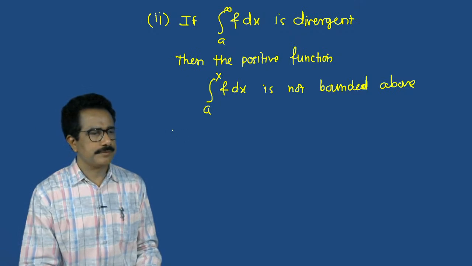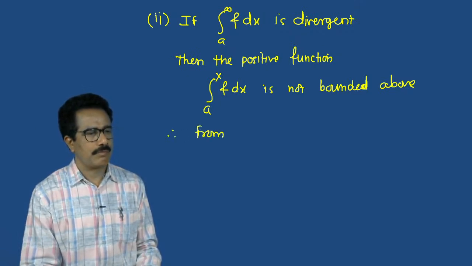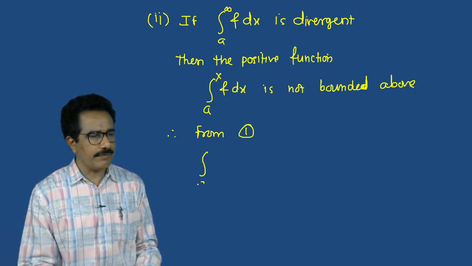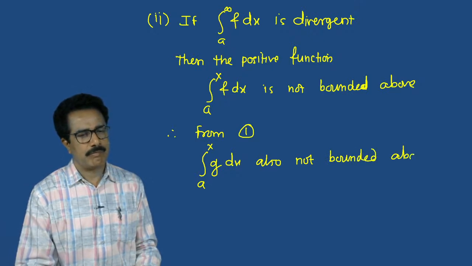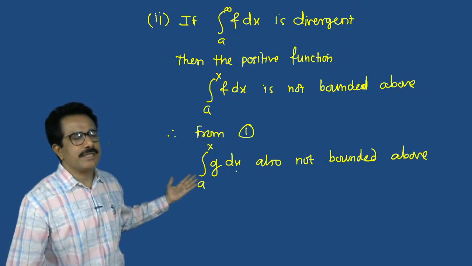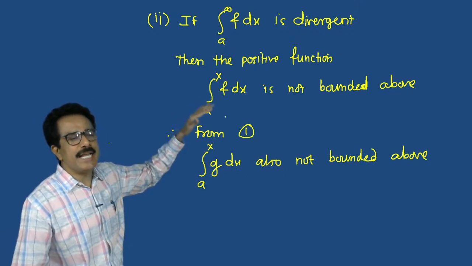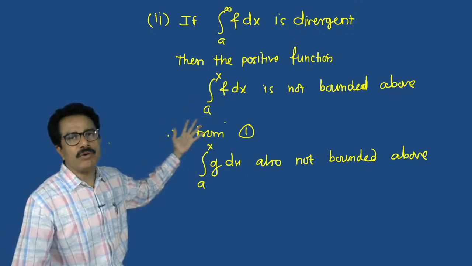Therefore, from 1, the integral from a to x of g dx is also not bounded above, because f is less than g and f is not bounded above.